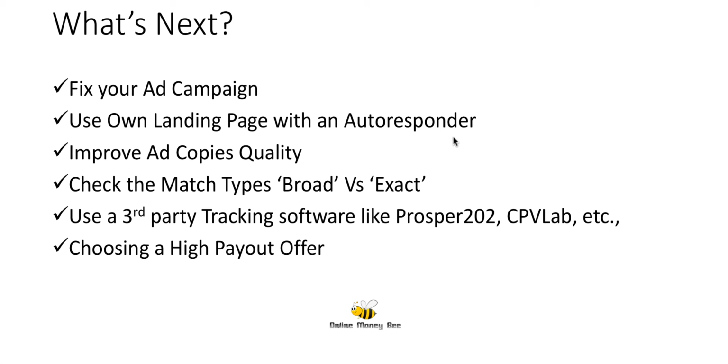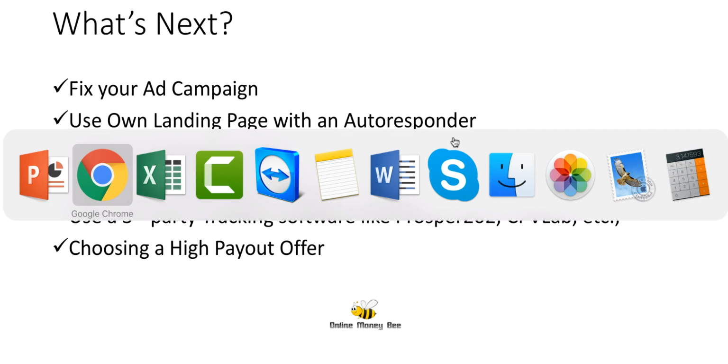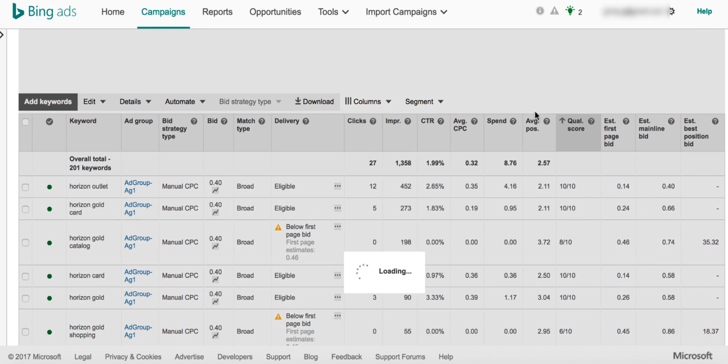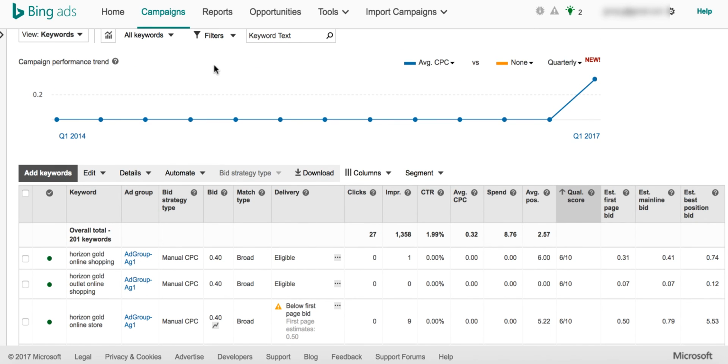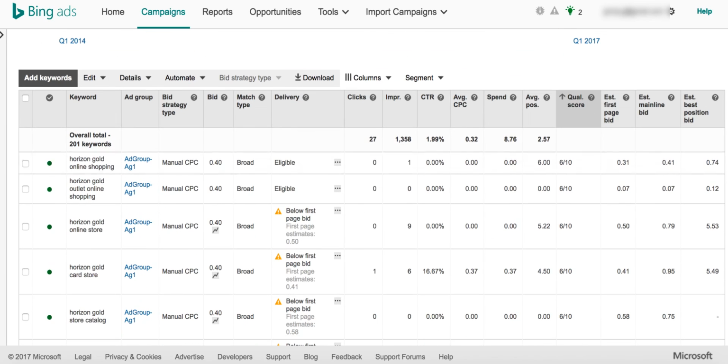And improving ad copy quality: there are a couple of ads here which have very low ad quality scores. I would like to work on those things as well, which is nothing but improving the quality score of the keywords. I'd like to see if there is any benefit in working on those things. Like in this case, I've got 9 impressions, but my ad quality is very bad. I mean, 5.22 is the position and 6 is my ad quality.